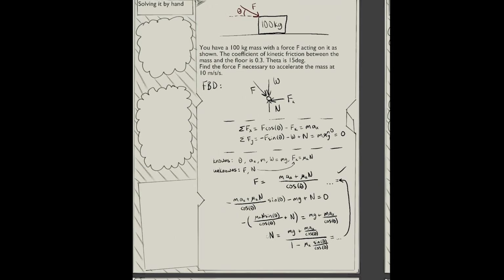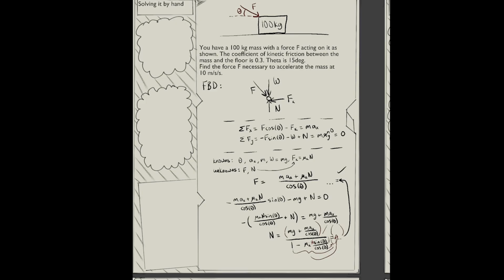So we can just plug in and have Matlab do the calculation: N equals M times G plus M AX over cosine of theta. And we would have to use our order of operations, right? So we'd have to do this divided by this, with order of operations again being that, right?